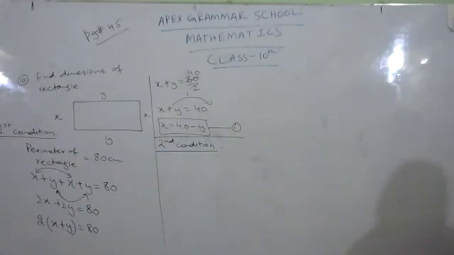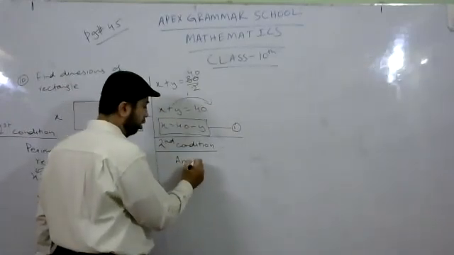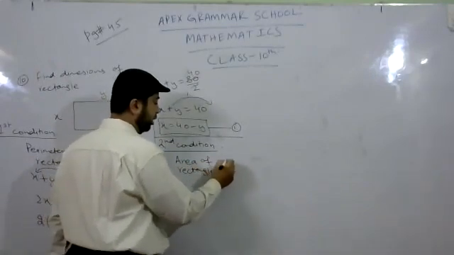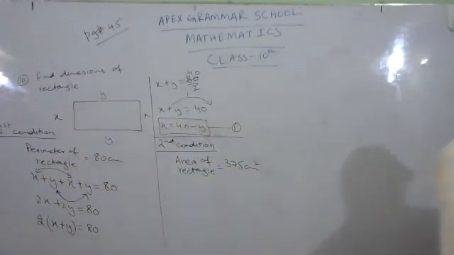So the second condition is the area of the rectangle, also given, that is 375 centimeters square.